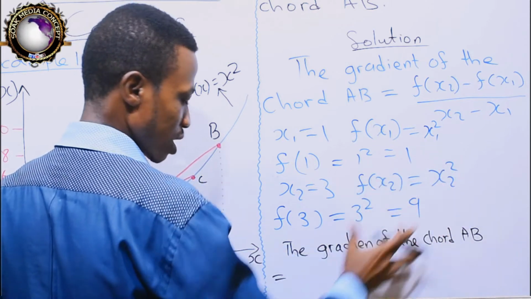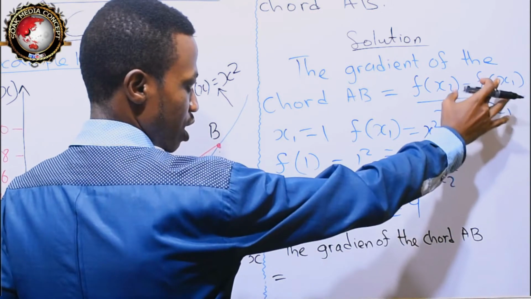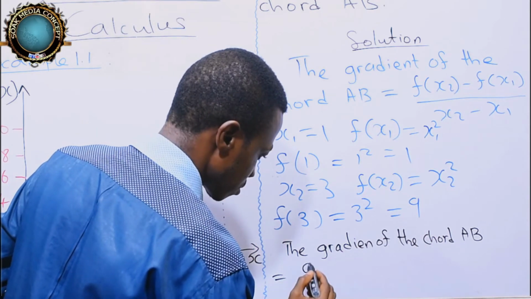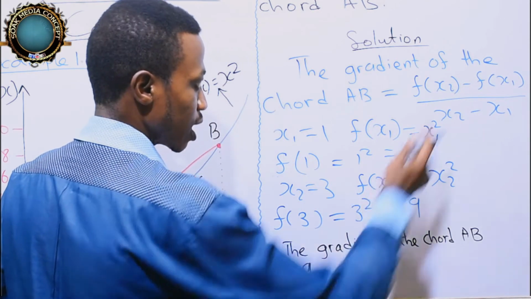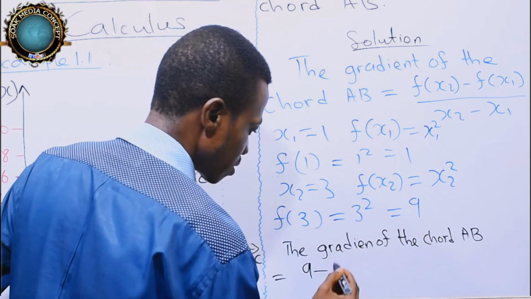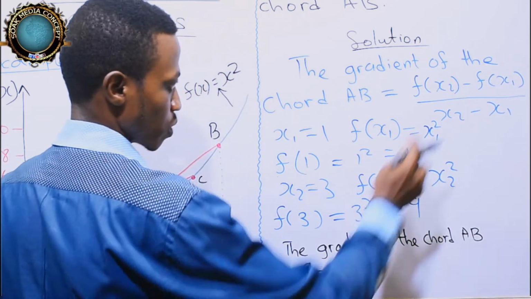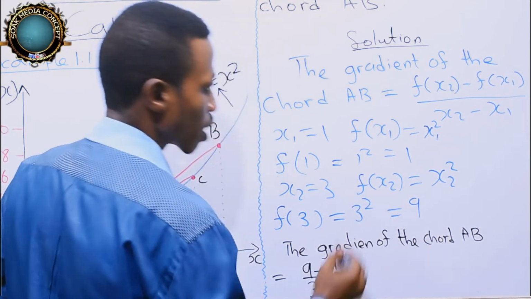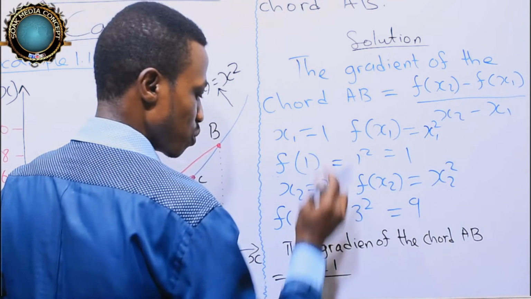Now let's insert these values here. f of x2 is 9 and f of x1 is 1. So x2 is 3 and x1 is 1.